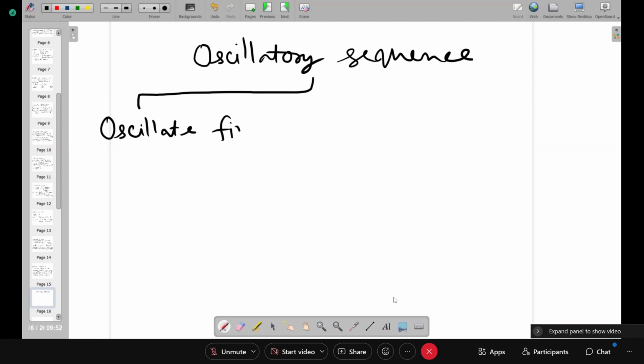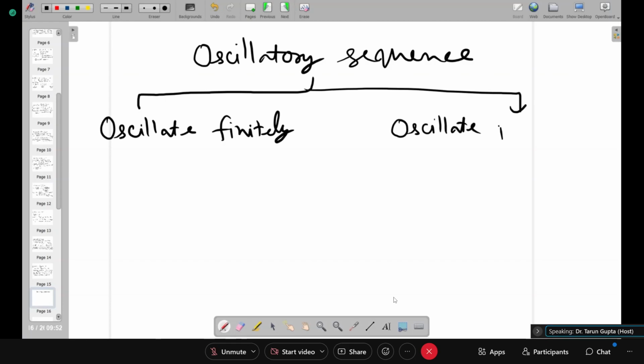Finitely and oscillate infinitely. Okay. So, for example, if I am taking (-1)^n, this is a sequence.